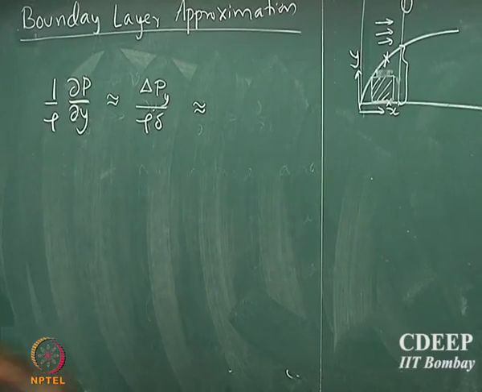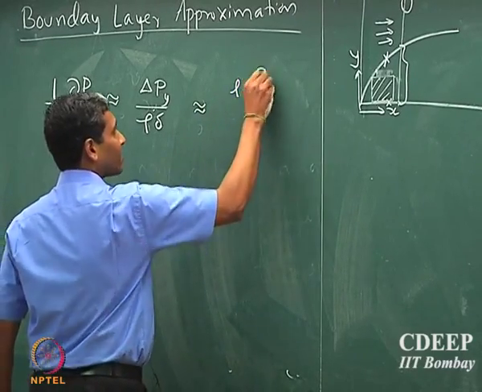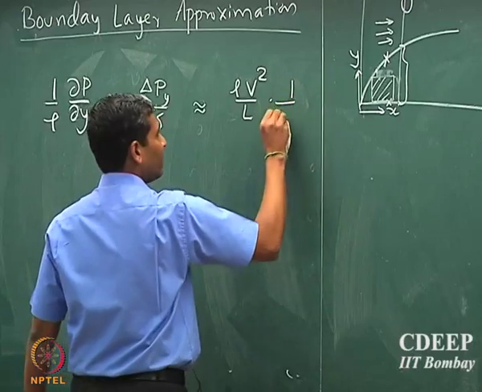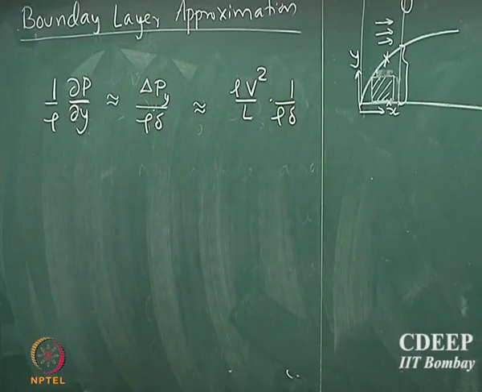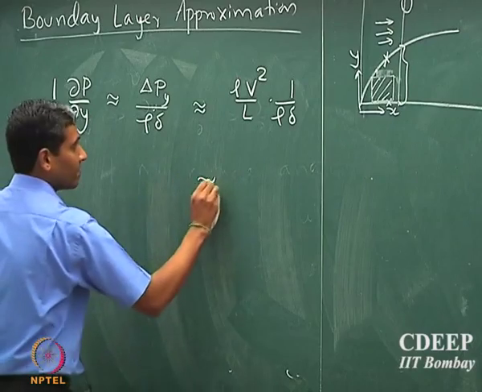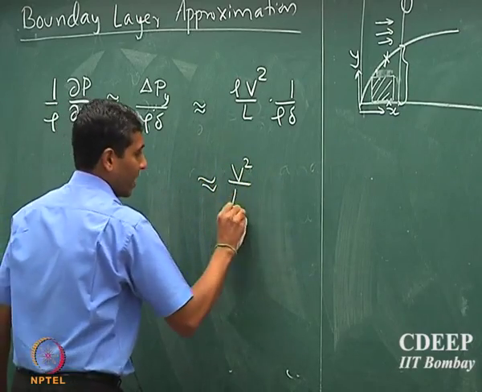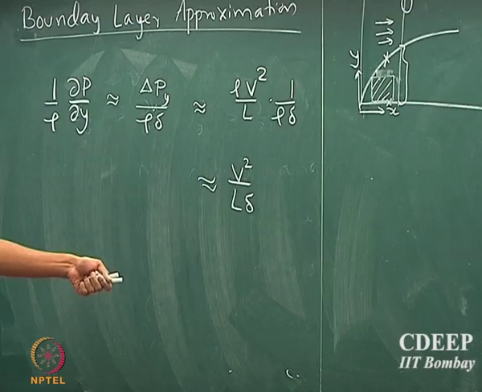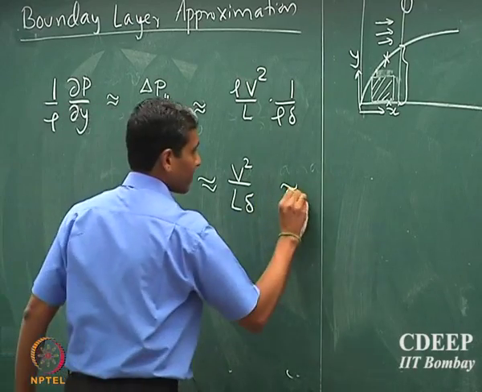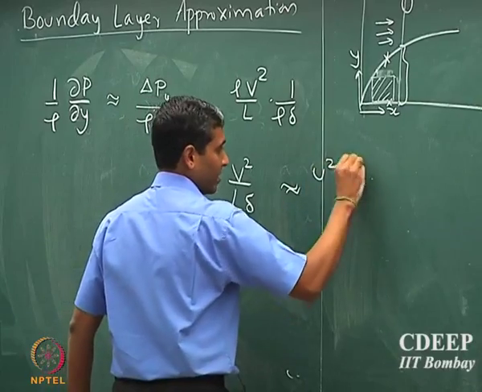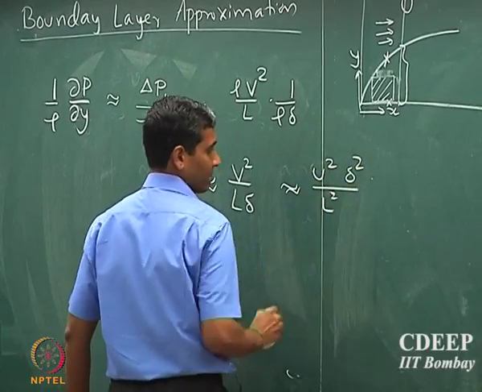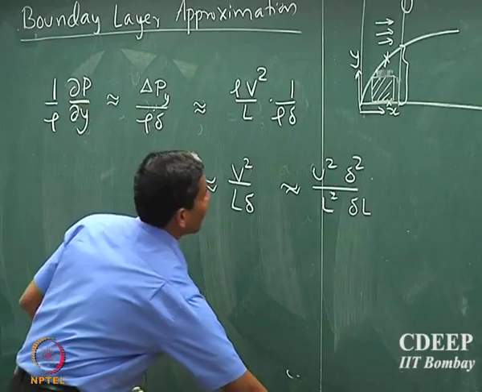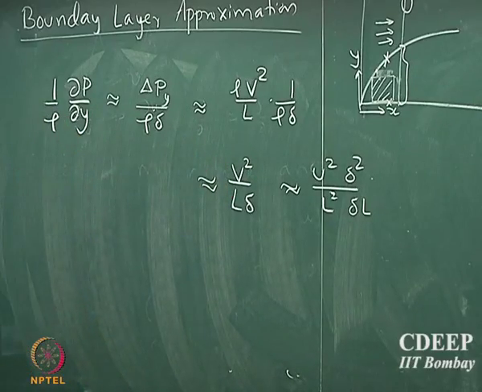The Bernoulli equation. So we get, so that scales as rho V square by L, right, into 1 by rho into delta, okay. So that will be V square by L into delta, but we know that V scales as U into delta by L, right. Oops, I put an extra L, it's wrong.